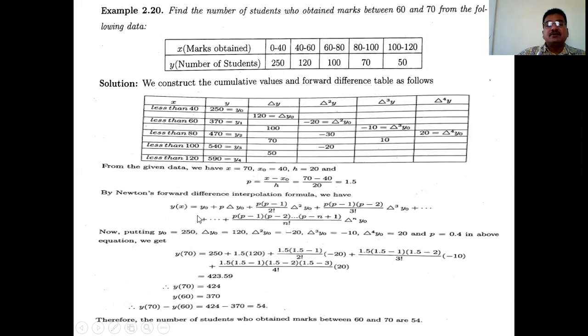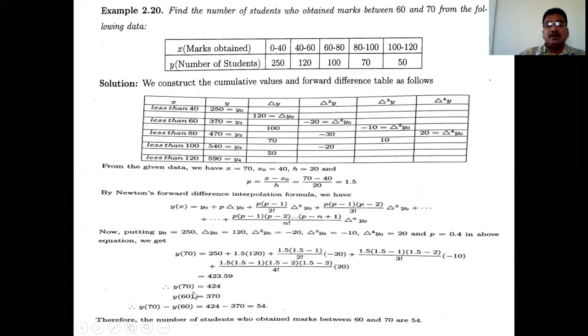Substitute the value of f of a as 250, then the value of u as 1.5, and delta f of a is 120, and then the value of u with delta square f of a, delta cube f of a, and delta raised to 4 f of a.